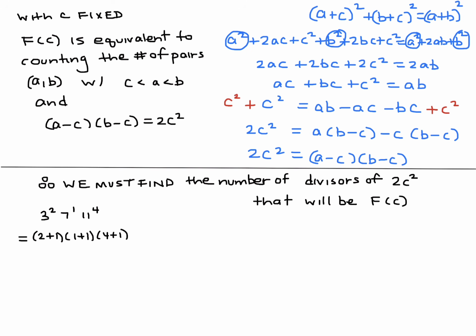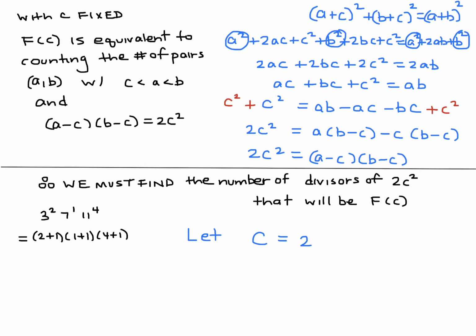So in a very similar way, if you want to find the number of divisors of 2c squared, we have to first break it up into its prime factors. Now, I don't know what c is, so we have to start giving it some sort of prime factorization. So let's say c is some prime factors, right?